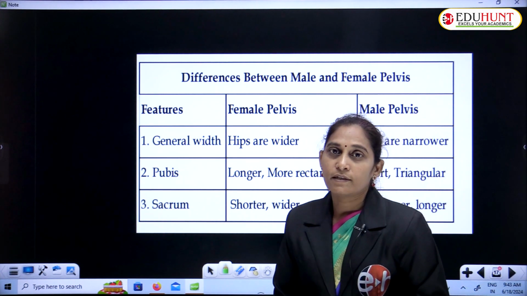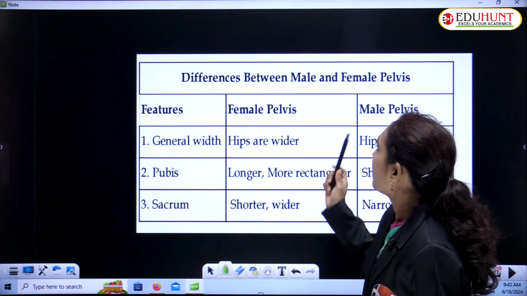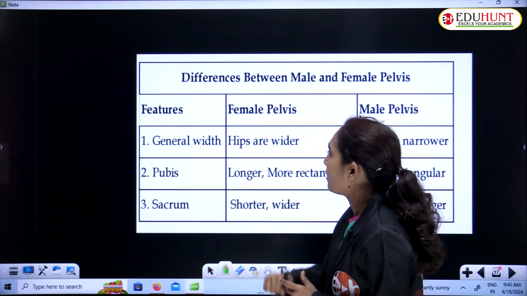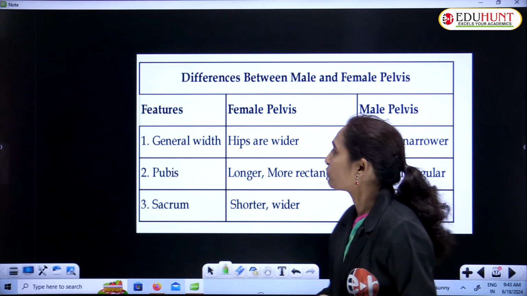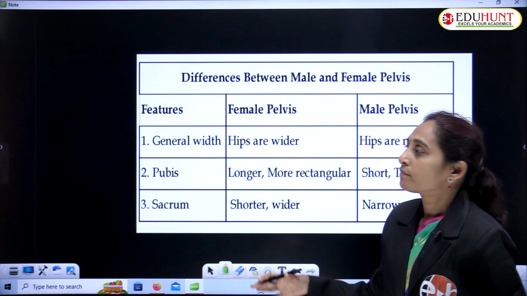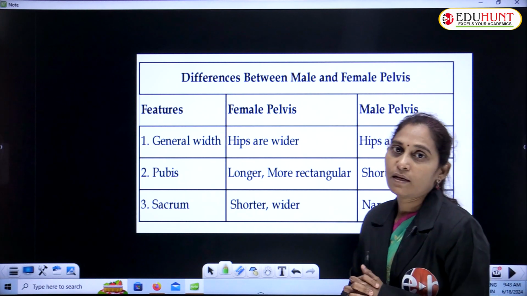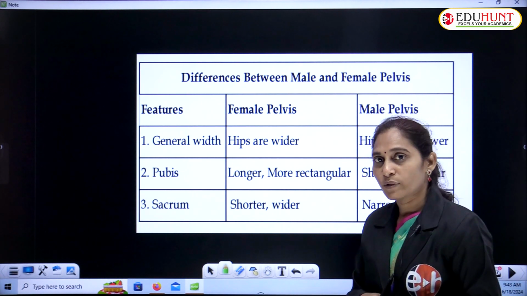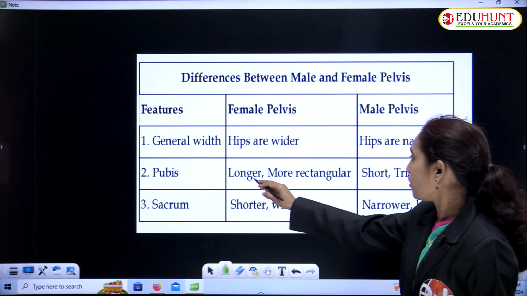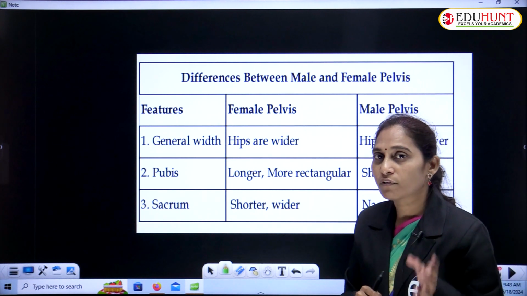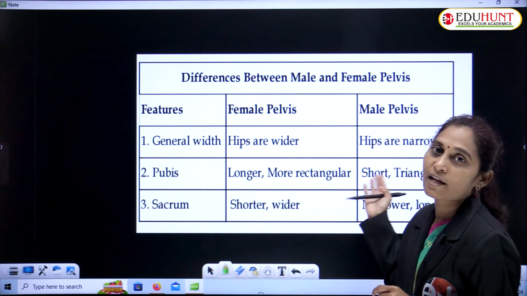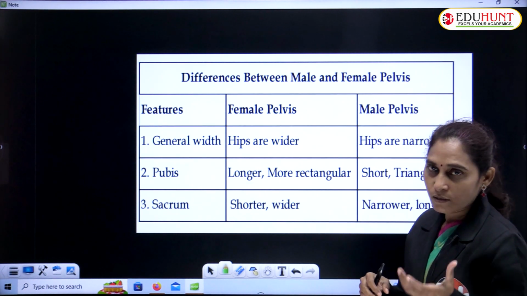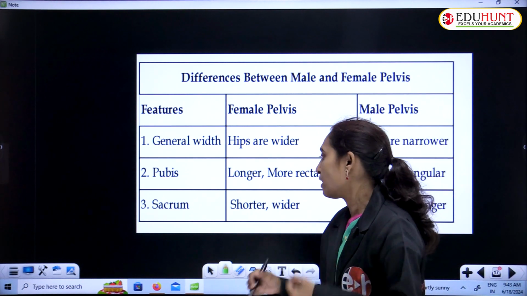Let us see the differences between the male and female pelvis. In the female pelvis, the general width is greater: hips are wider, whereas in male individuals, hips are narrower than in females. The pubis is longer and more rectangular in females, whereas it is short and triangular in males. The pubis is one of the bones of the coxal bone of the pelvic girdle.